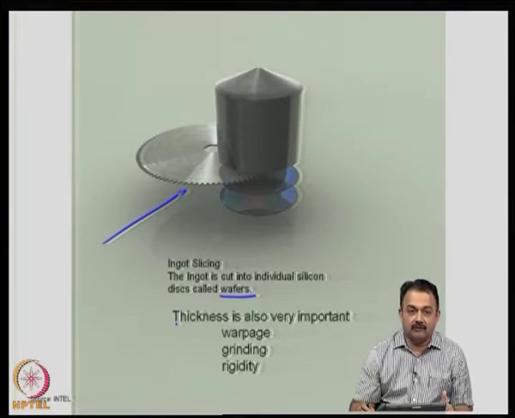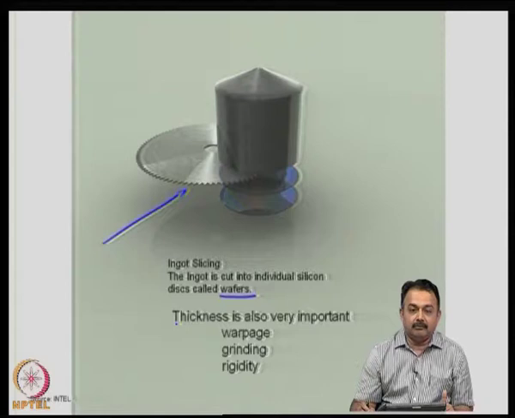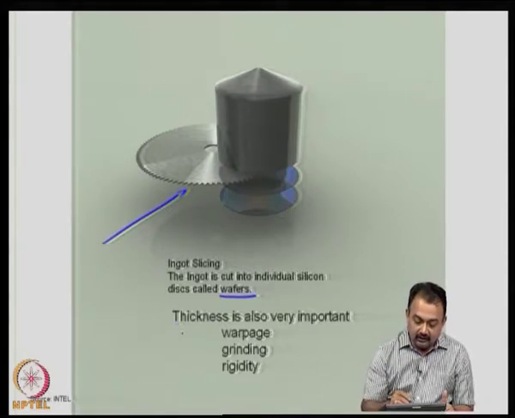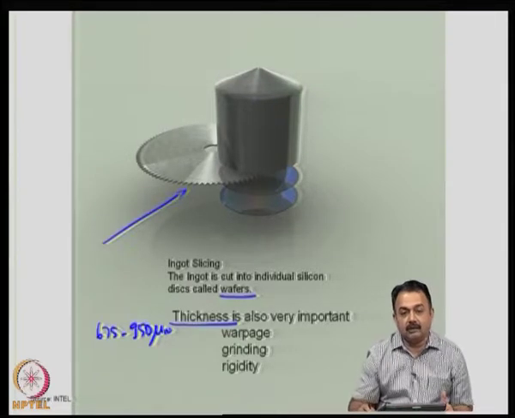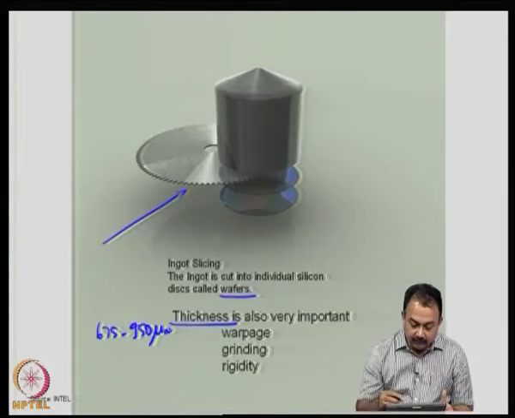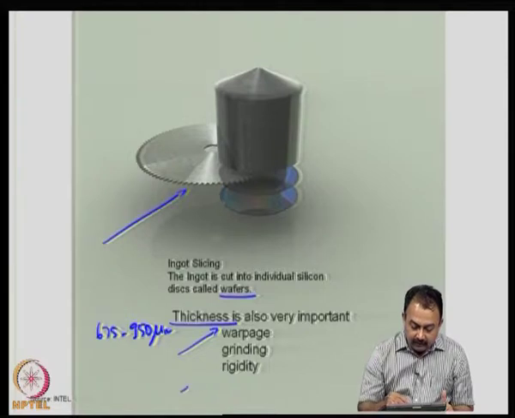Your photolithography will not be exemplary. Therefore, the recommended starting thickness will be around 675 to around 950 or 975 microns. So, warpage is very important, rigidity is very important.